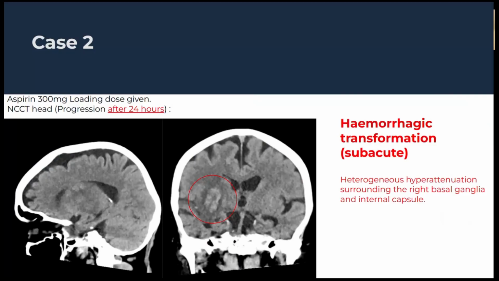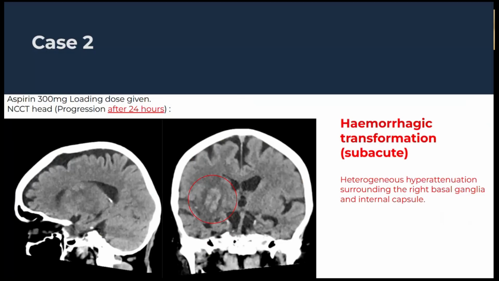And then 24 hours later, after she's been given a 300 milligram aspirin loading dose, which is what's commonly given to ischemic stroke patients, she had a progression, so it's now transformed into a hemorrhagic stroke. So the infarcted core that she had is now hemorrhagic.